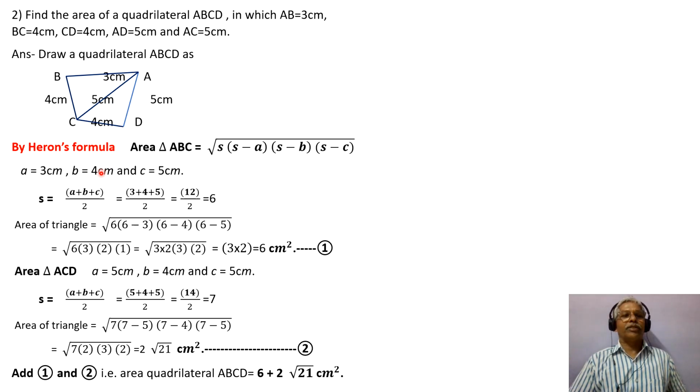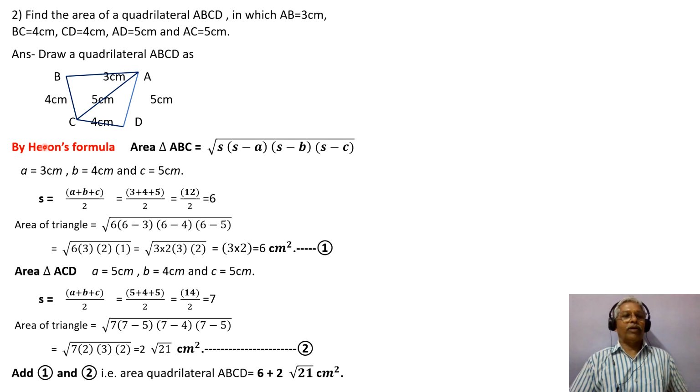AC is also given, AC is also 5 centimeters. Okay, so always draw this type of quadrilateral. Okay, may not be up to the scale, but we have to draw. Okay, and don't forget to write all these dimensions properly.